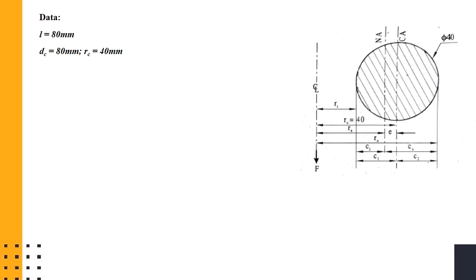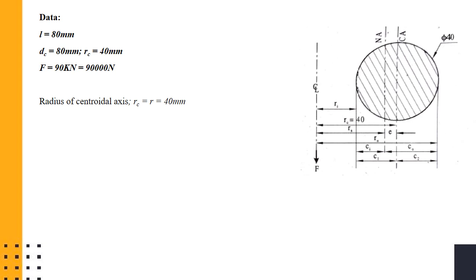This we have already discussed, and the load acting here will be around 90 kilonewton. Write it in terms of Newton itself. So the mean diameter with respect to the centroidal axis is given as 80 mm, so the radius of the centroidal axis will be 40 mm.